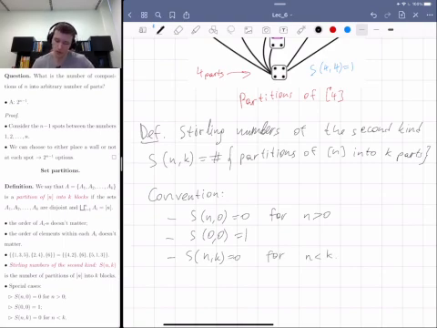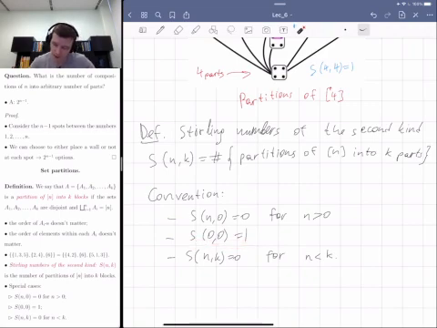If you think about it, the first one counts partitions of some positive number of elements into 0 blocks, so you can't do that. But if you have the empty set, then you can partition it into 0 blocks.